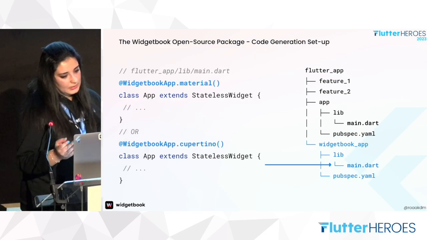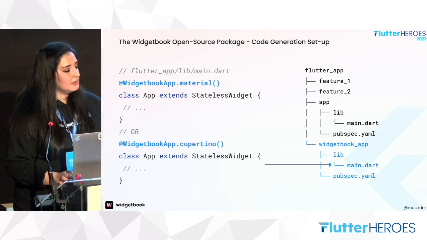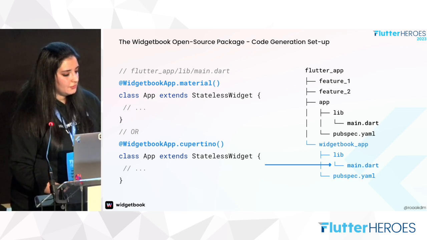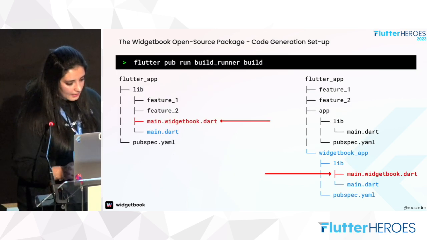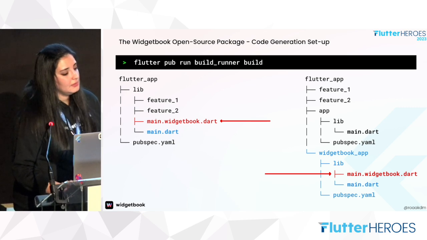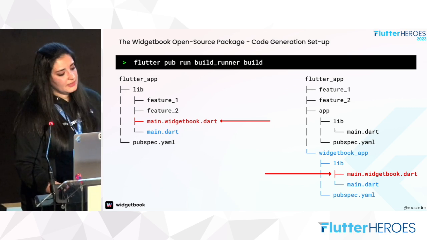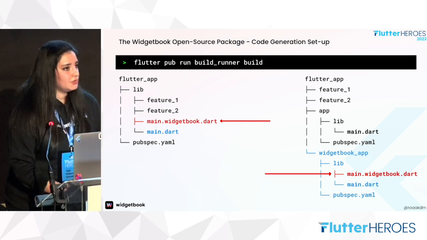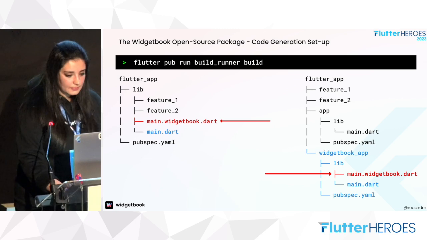When you have a dedicated app for it, you can also add the annotation, but prior to any empty object to make it work. And now, when you run the build runner, you will see a file generated next to where you put your widgetbook app annotation.